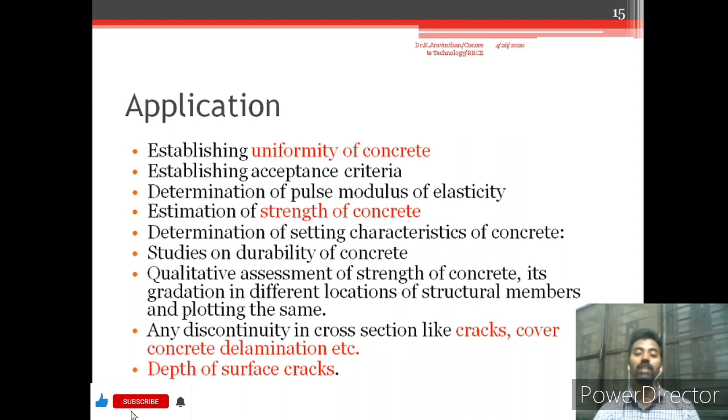The exact 15 mm or 20 mm cover is given by the design, but in the practical field, in some areas we might not be able to follow the cover. You can identify this by using the ultrasonic pulse velocity test. Also, the depth of a crack can be identified from the surface.